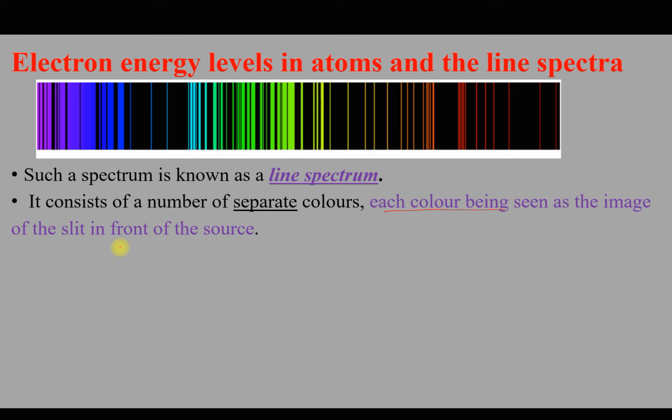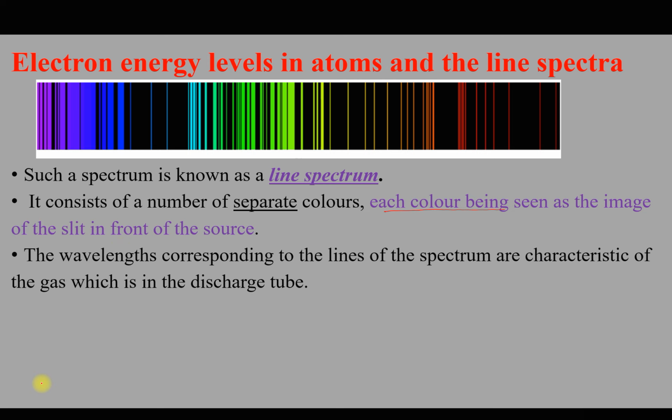But when light first goes through a gas at low pressure and is then passed through a diffraction grating, we don't have a continuous spectrum. Instead, we have bright lines on a darker background. Each line represents a color, and each color is seen as the image of the slit in front of the source.